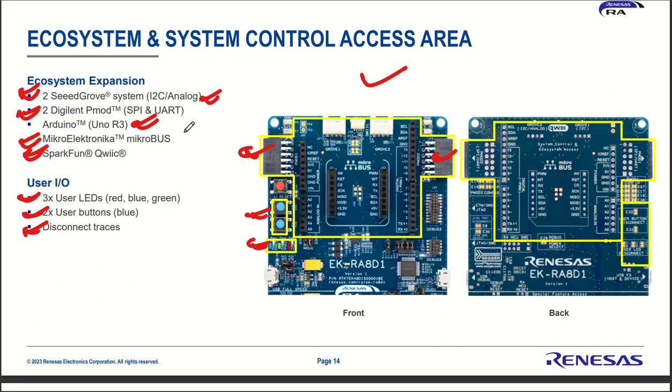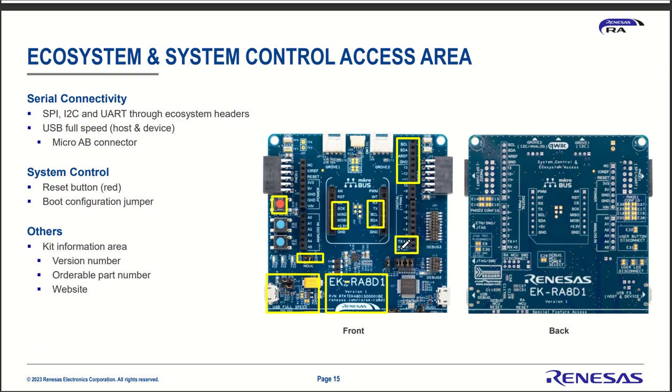Hope you have a complete understanding of this ecosystem from this particular development kit. Now more into this is serial connectivity. Coming to the serial connectivity part, if you have this particular board handy, you will be able to see where is your SPI part, where is your I2C part, and where is your UART part.